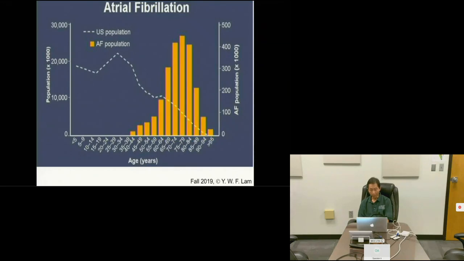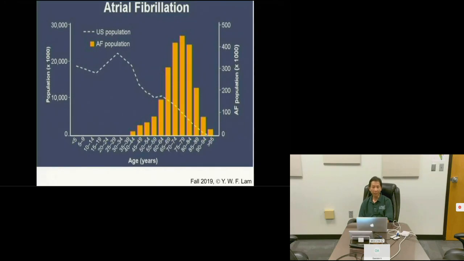So this particular slide looks complicated, but it is not. All I want you to look at is that there are two y-axes. One is indicated on the left-hand side, the United States population, and on the right-hand side, the atrial fibrillation population. And down on the x-axis is the age of the patient group. So essentially, what it is telling you is that atrial fibrillation is primarily a disease much more common in the elderly patient population.